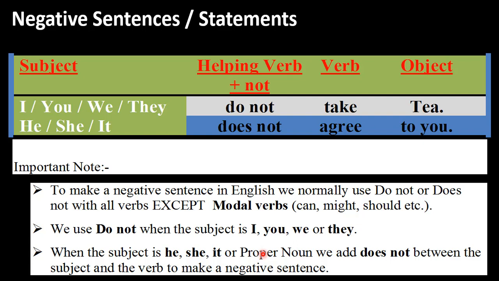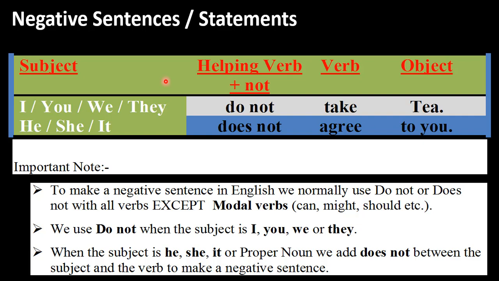Now, the next type of sentences here is negative sentences or statements. In the structure of negative sentences, first of all there will be the subject, then helping verb plus not, then verb, then object. Earlier I told you the helping verbs of present indefinite tense are not used in the positive sentences.